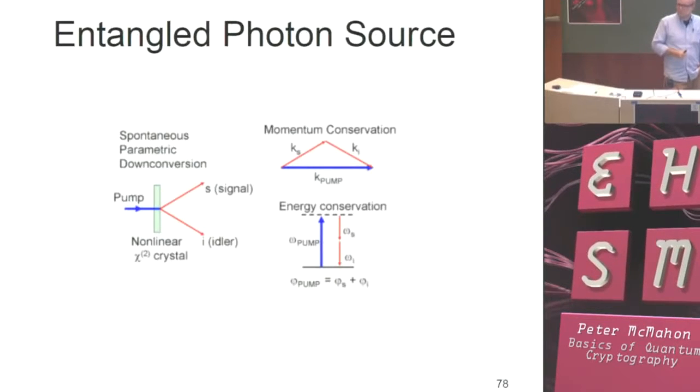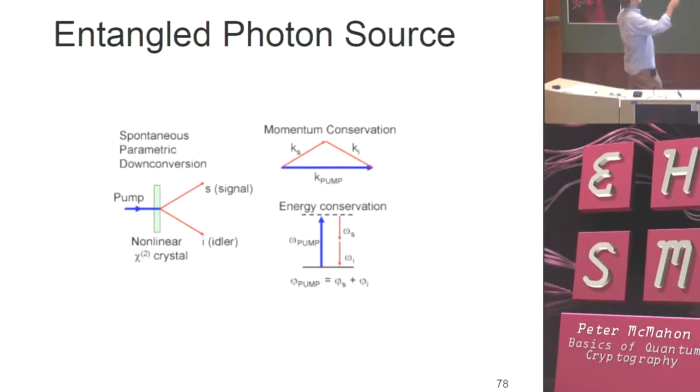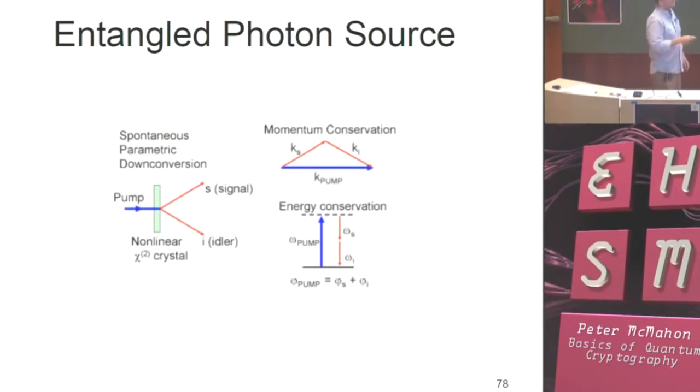So one of the most common ways people produce entangled photon states is using so-called spontaneous parametric down conversion in chi-2 nonlinear crystals. And the idea of this scheme is the following: if you put a strong pump laser beam into one of these crystals, what will happen is you'll have some photon be absorbed, and then two photons are emitted that are each at half the energy of the single photon that was absorbed.